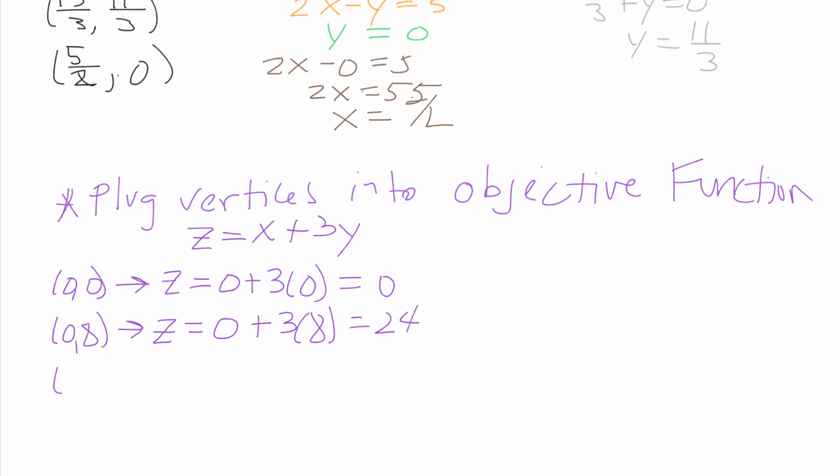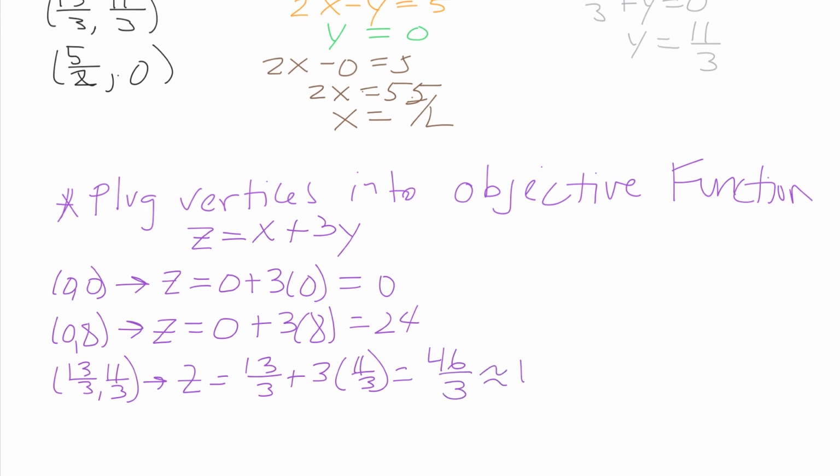Take my next one, I have 13 over 3 and 11 over 3. So I would get z is equal to 13 over 3 plus 3 times 11 over 3. And that'll give me 46 over 3, which is approximately 15.3.